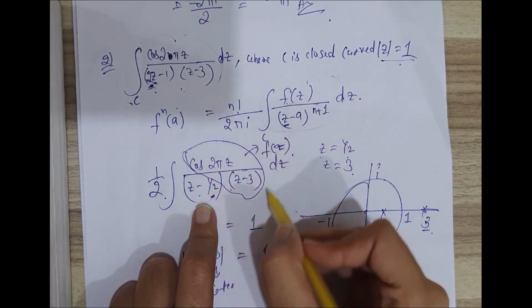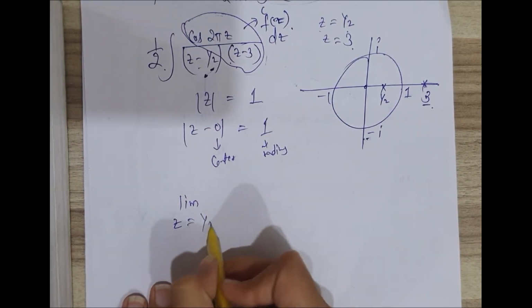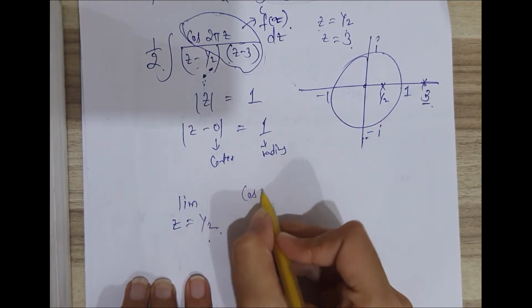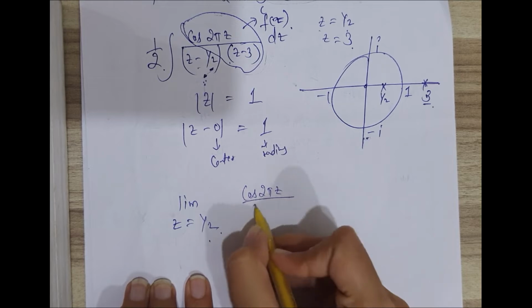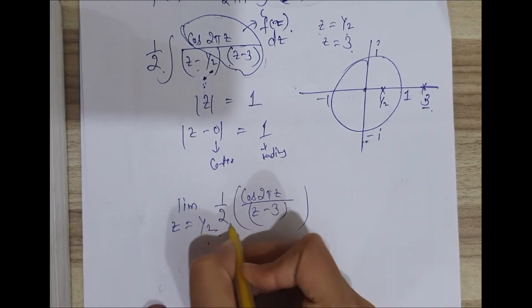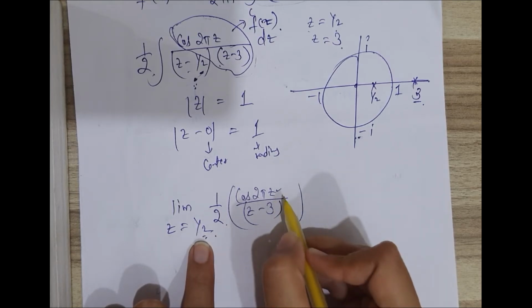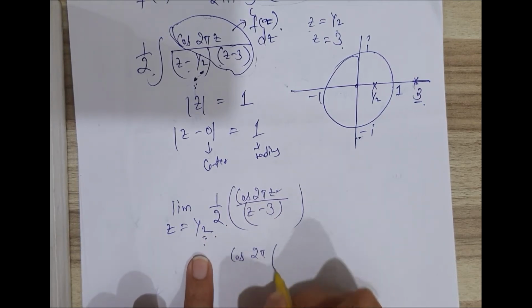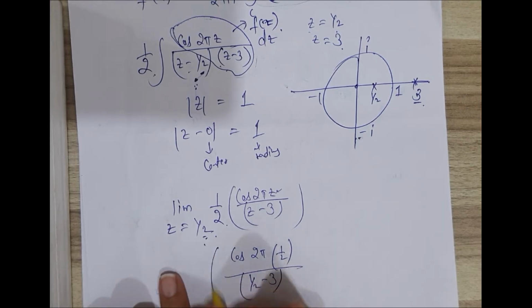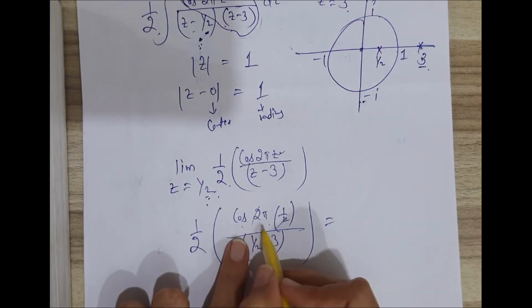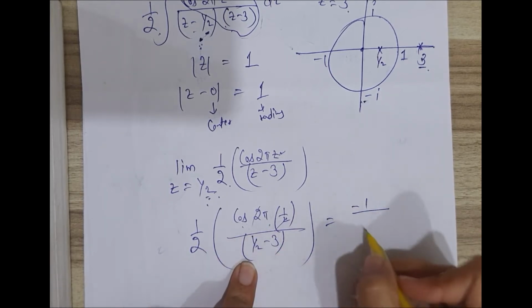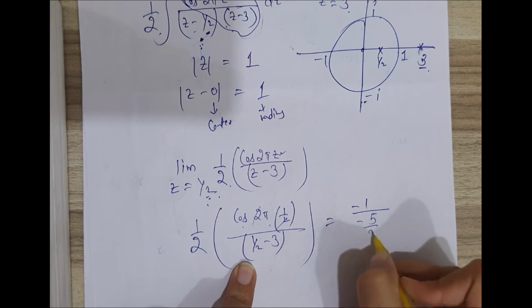This f(z) is this. Now the limit is z equal to half because this pole lies inside the circle. And don't forget half is the value of z here. Now cos pi is minus 1 upon minus 5 by 2.